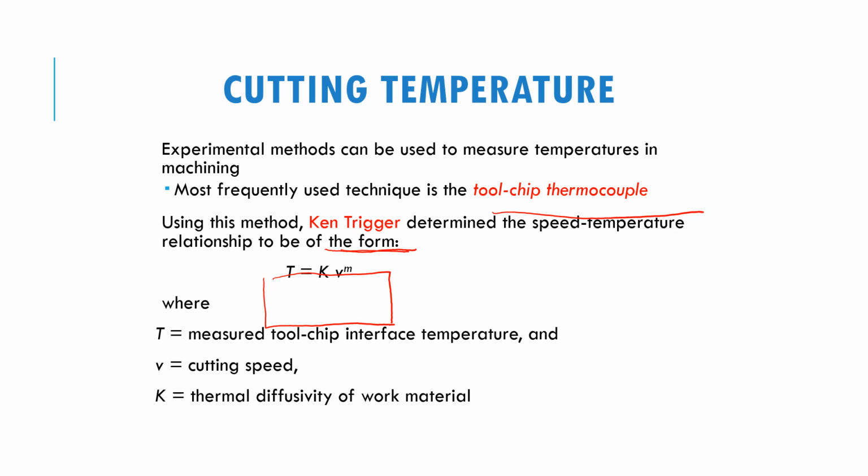M is a constant, usually given based on the type of material, and K is the thermal diffusivity of the work material. So let's say you don't want the temperature to exceed a certain temperature, you can predict the value of the cutting speed that you can use during the operation using this equation.